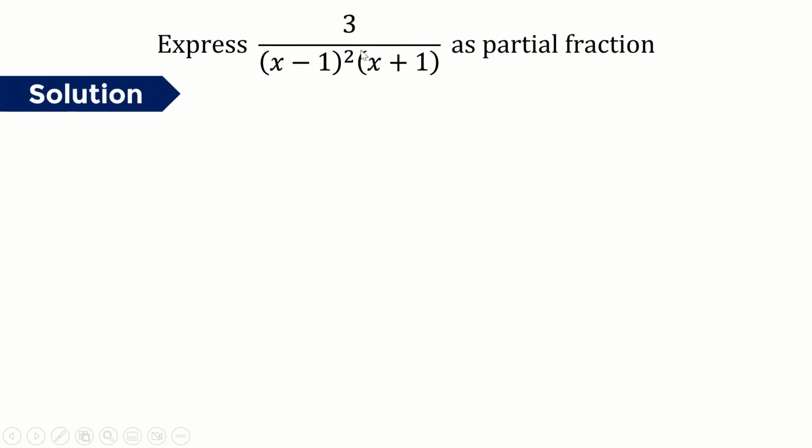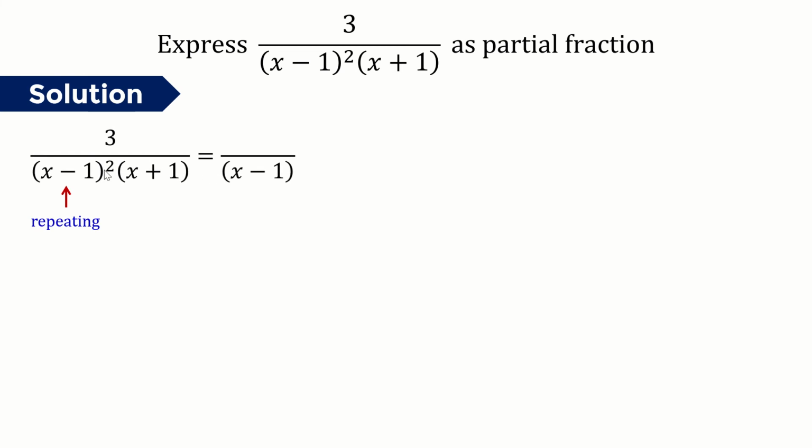Alright, so if this is a proper fraction, directly we can do the decomposition, and at the denominator here we have a repeating factor, which is (x minus 1) squared. To do decomposition for this part, we need to separate. The first one is A over (x minus 1), and the second one is B over (x minus 1) squared.